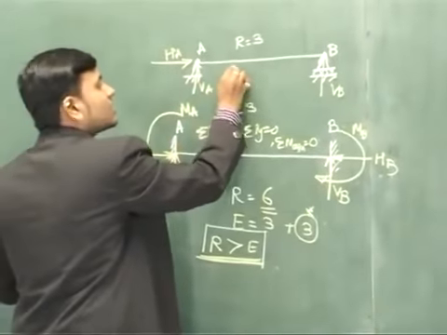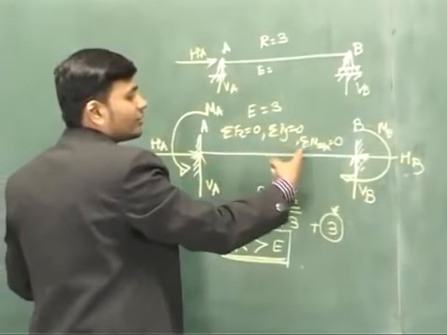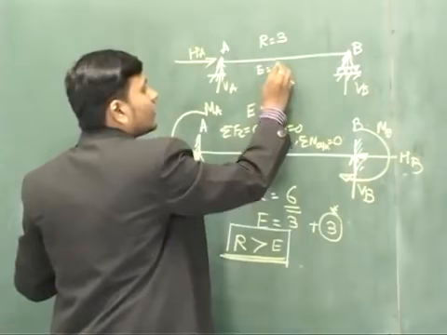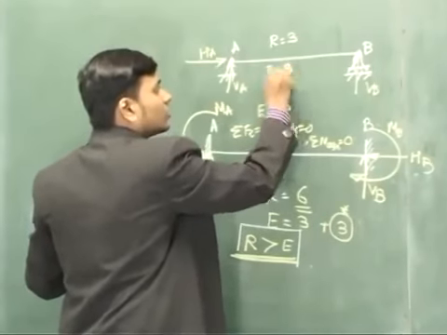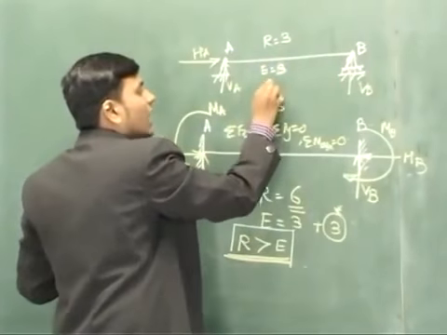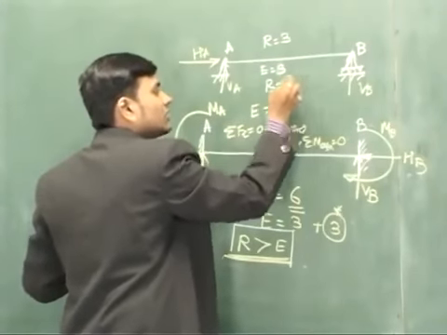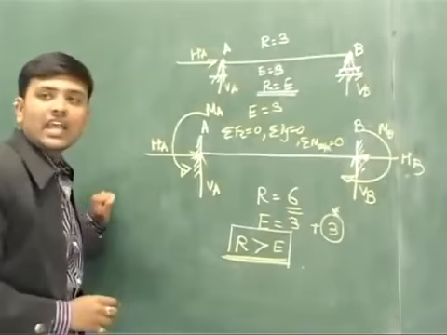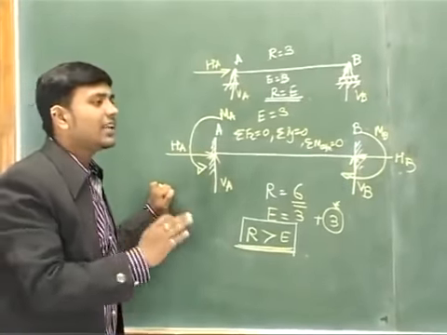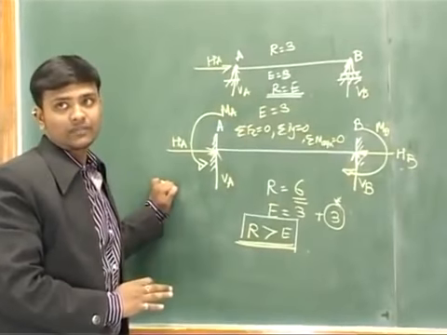And the number of equations again is the same: summation Fx equal to 0, Fy equal to 0, and summation of moment at a fixed point equal to 0. Therefore, the number of equations will be 3 and the number of reactions will be 3. Therefore, R is equal to E, that is, the number of reactions is equal to the number of equations. So it is a statically determinate structure.